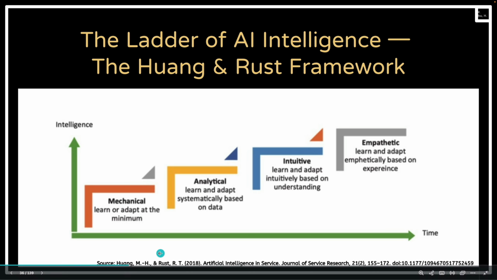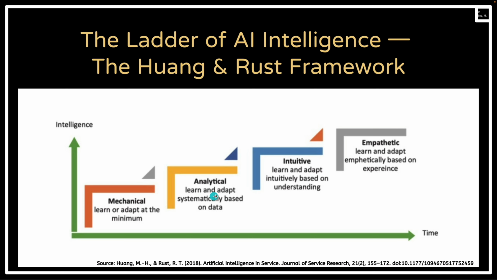According to Huang Rust, AI in service evolves through 4 levels: mechanical, analytical, intuitive, and empathetic.